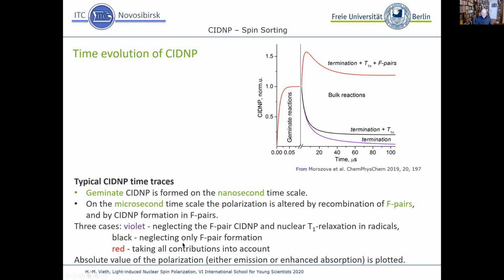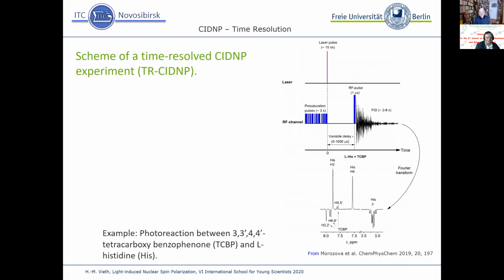So you see in the CIDMP time evolution traces geminate CIDMP on the nanosecond time scale, whereas you see on the microsecond time scale the recombination of free pairs in termination reactions and in new CIDMP formation because of encounters in the T0 state. This analysis I will describe in the following.